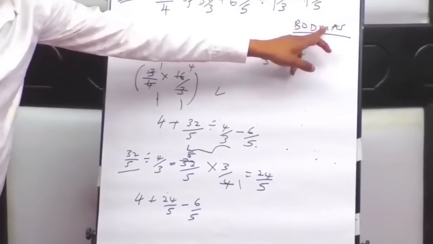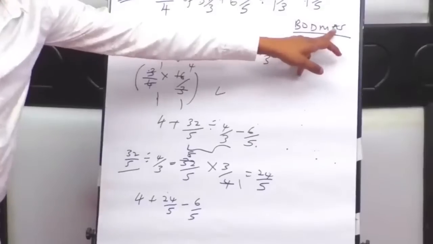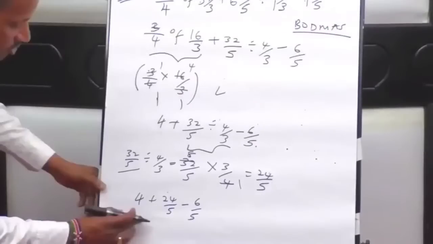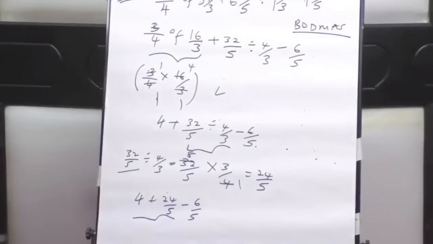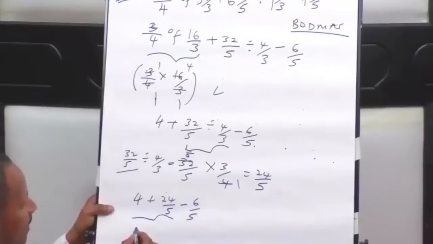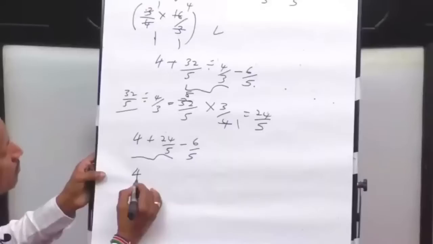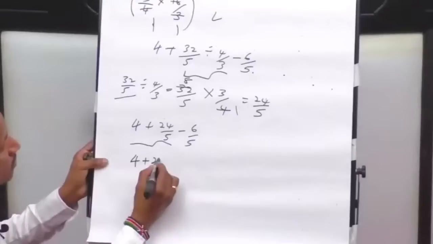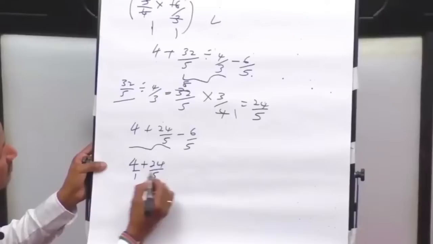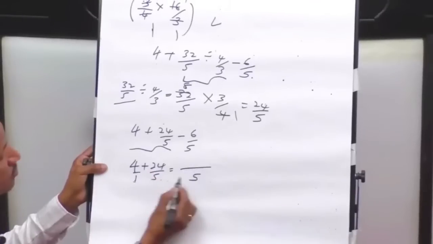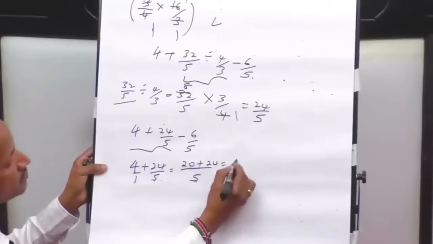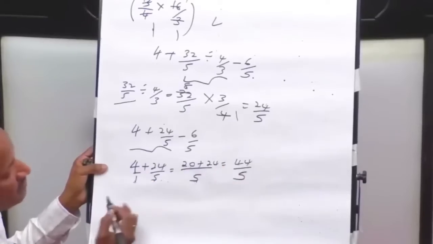Multiplication is not there, so we go to addition. So addition, you add this first, then we subtract this. So when we add this, we'll get 4 plus 24 over 5. Just put 4 over 1, then get the LCM of 1 and 5, which is 5. 1 goes into 5 5 times. 5 times 4 plus 24 is 44 over 5.